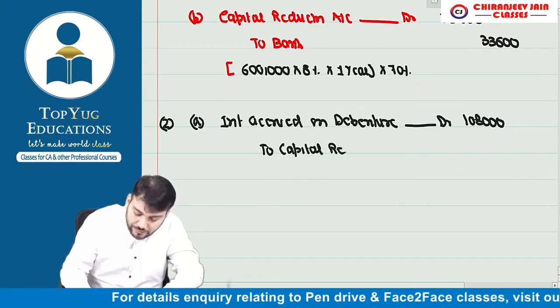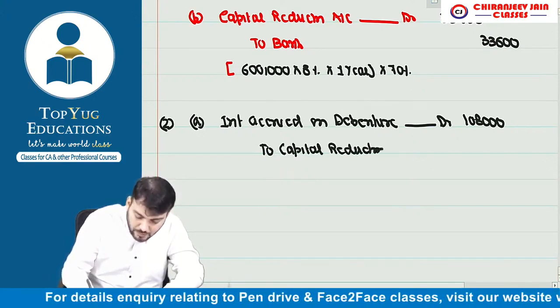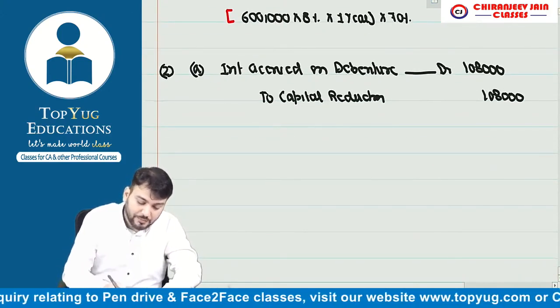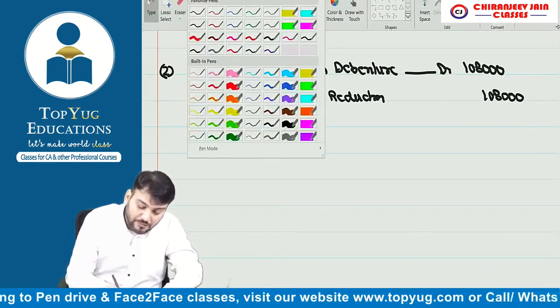Capital reduction 1,08,000. Okay, sir. Correct.